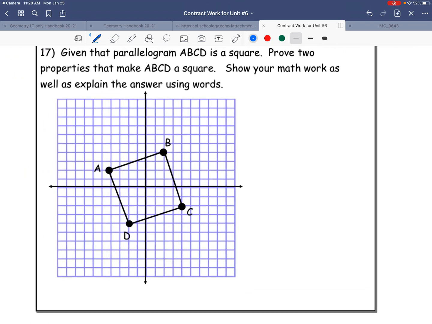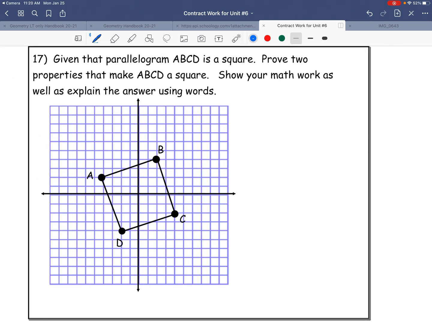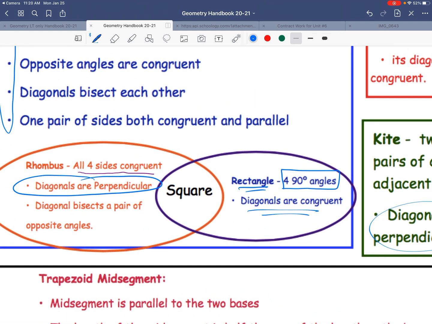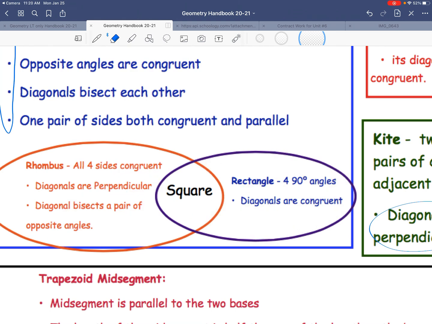And then for this last problem, you could have multiple things. It says, given that it's a square, prove two properties that make it a square. So, given that it's a square, what you could do is prove that it is first a rhombus by showing diagonals perpendicular or by showing all four sides congruent.